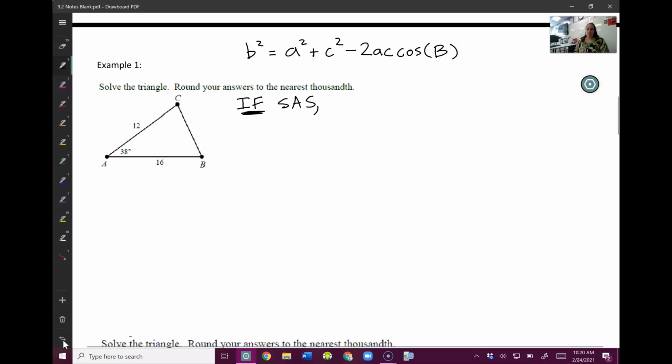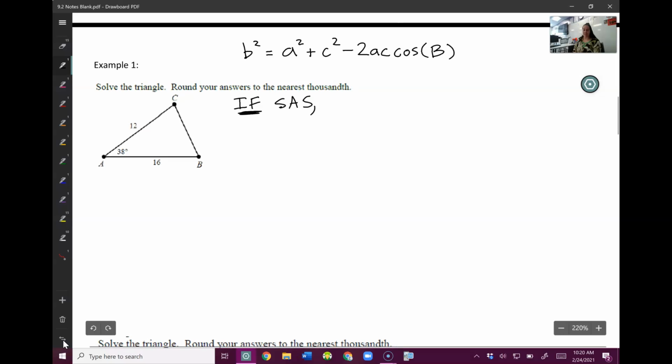Now, here's the most important thing to know with the law of cosines: the order in which you solve things is extremely important. So, if we have side angle side, you have to solve for things in a very specific order. First off, you need to solve for the side across from the angle first.